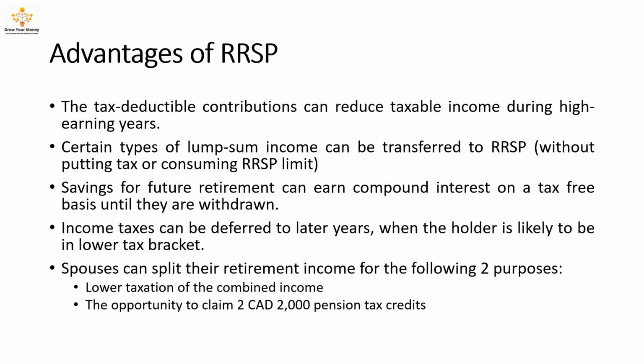Fourth advantage of RRSP is income taxes can be deferred to later years when the holder is likely to be in a lower tax bracket. And fifth advantage is that spouses can split their retirement income for the following two purposes: lower taxation of the combined income, and second purpose could be the opportunity to claim the 2000 CAD pension tax credit.